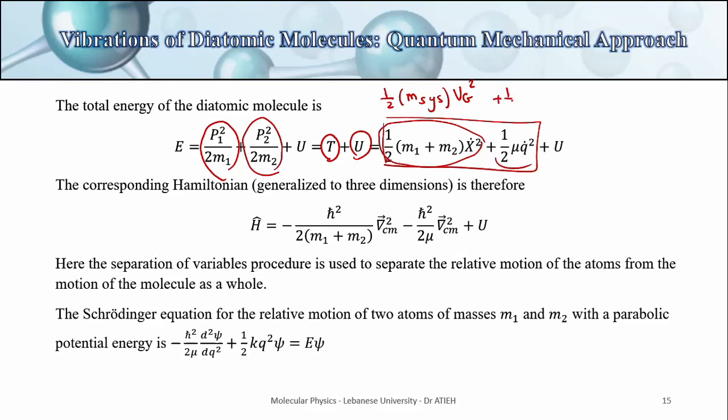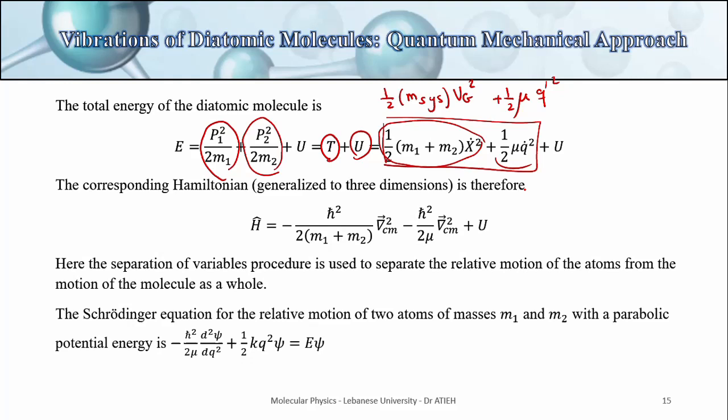It's equal to half mu, which is the reduced mass, q prime squared, which is related to the oscillation of particles. In reality, the second method is quite good because it separates two different motions from each other, the motion of the center of mass and the oscillation around the center of mass.